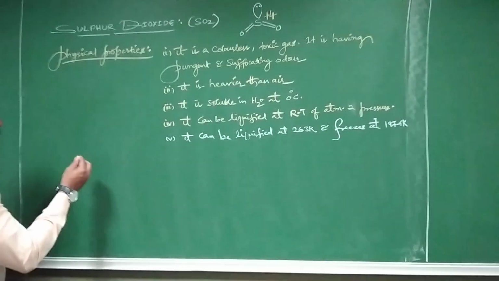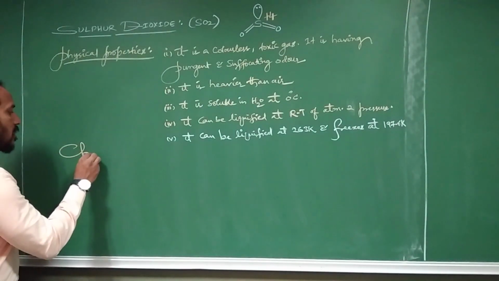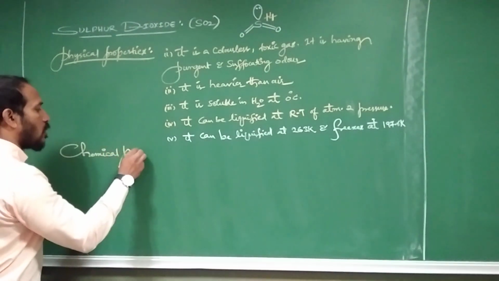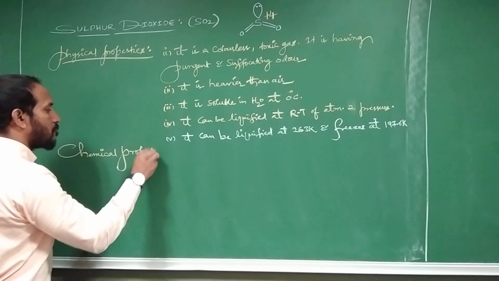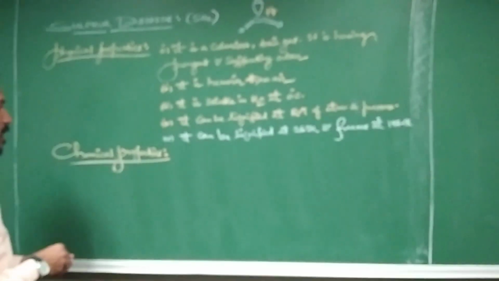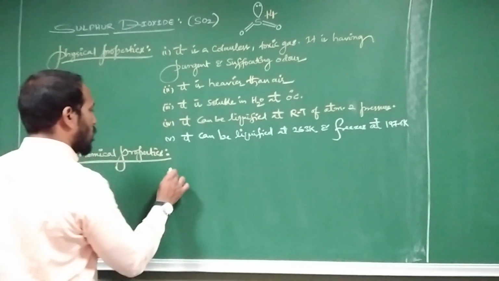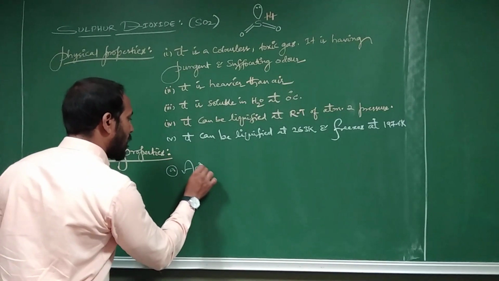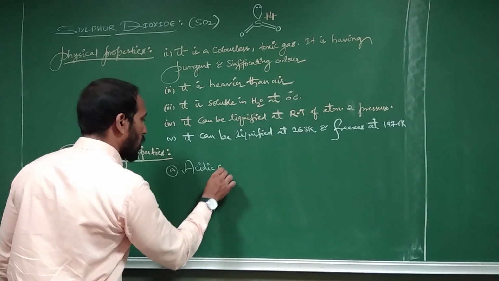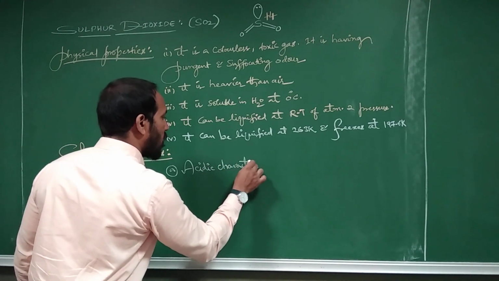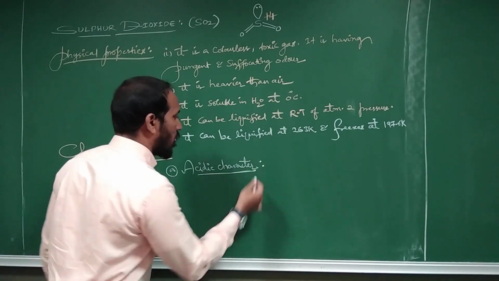Now next is the very important topic, that is chemical properties of sulfur dioxide. In the chemical properties of sulfur dioxide, the first one is acidic character. Now, how to explain the acidic character of sulfur dioxide?